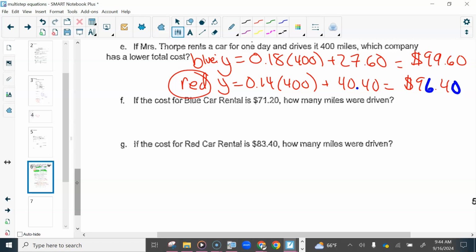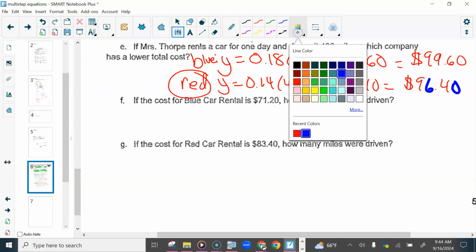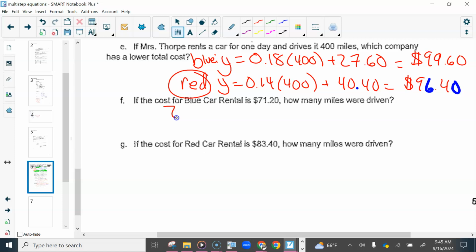Now for F and then for G, we are going to change it because now we have the total cost and we're looking for the number of miles. So if I now know the total cost, that is going to be my y value. My equation is going to stay the same. But now I'm solving for x.